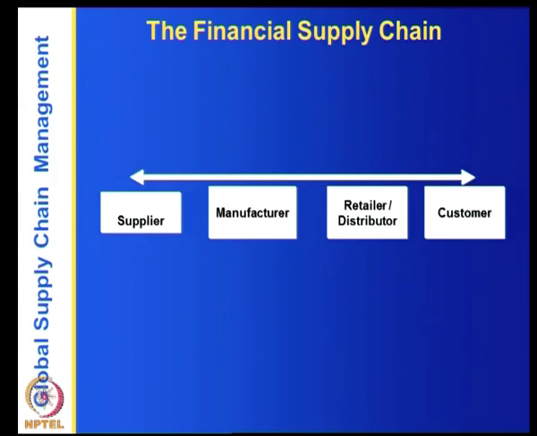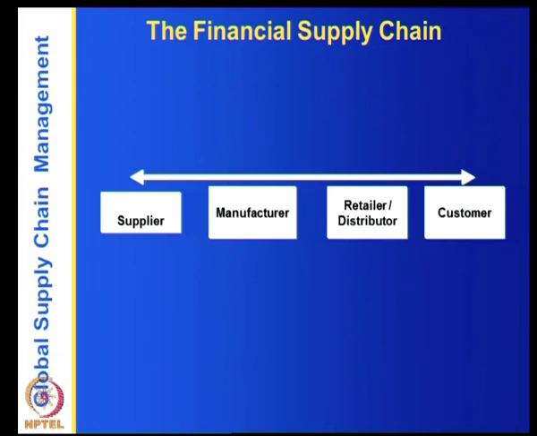Now, let us look at the financial supply chain. Here what happens is you have basically these 4 or 5 players, that is the suppliers, manufacturers, retailers and distributors. The material flows from supplier through to the customer.